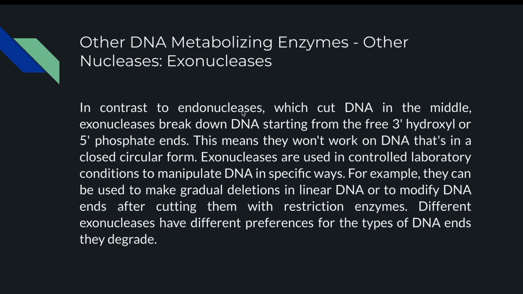Exonucleases are used in controlled laboratory conditions to manipulate DNA in specific ways. For example, they can be used to make gradual deletions in linear DNA or to modify DNA ends after cutting them with restriction enzymes. Different exonucleases have different preferences for the types of DNA ends they degrade.